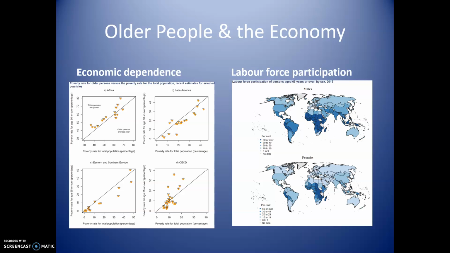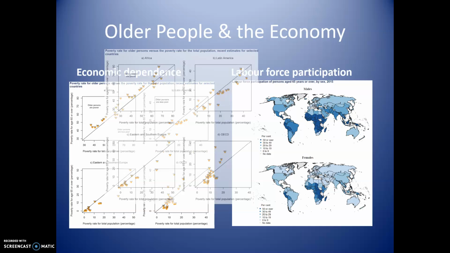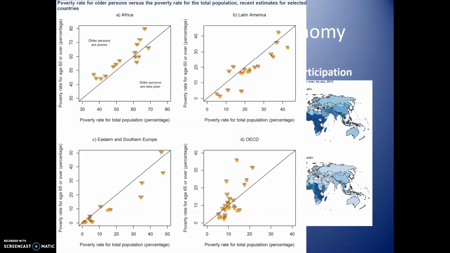Let's look at older people and the economy and compare different regions of the world. So the first thing we want to look at is poverty rates within the older population. What this graph looks at is on the vertical axis we have the percentage of people 60 and over who are in poverty, and on the horizontal axis we have the percentage of the total population in poverty.